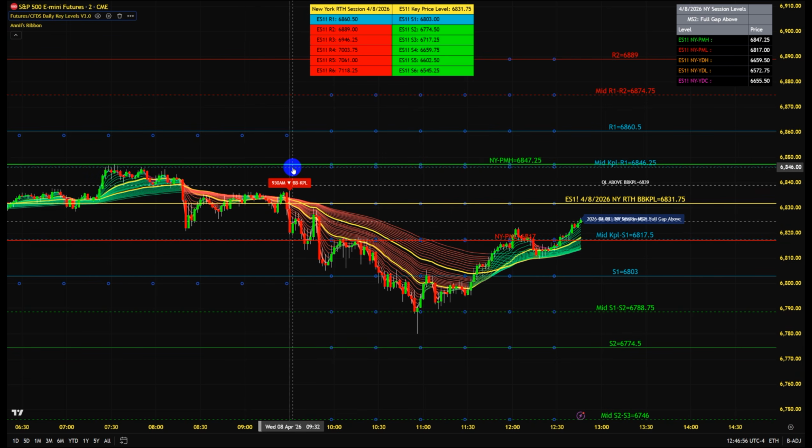If this was a candle close above and it had closed near R1, or let's say it had closed above R1, or in the case of a bearish one, below S1, then you're not going to see the alert, because the candle has to close within a certain range in order to be a valid trade entry for a trade to be taken off the BBKPL level on the opening candle trade. And the same thing applies throughout the rest of the session if you turn on the alert for the rest of the session as well.